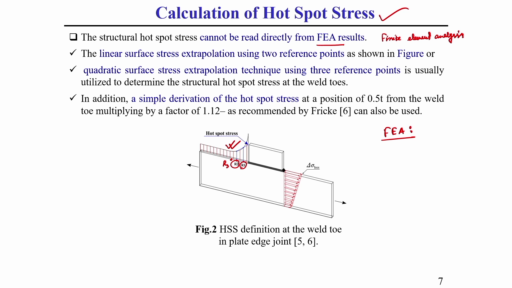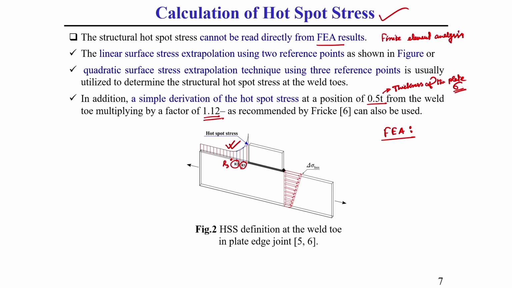This is a very simple derivation, you can say. For this purpose, we choose a point, that is 0.5 T. T is the thickness of the plate. So, at a distance of 0.5 T, we need to find out the stress value, this stress sigma. With this stress, we need to multiply a factor 1.12.